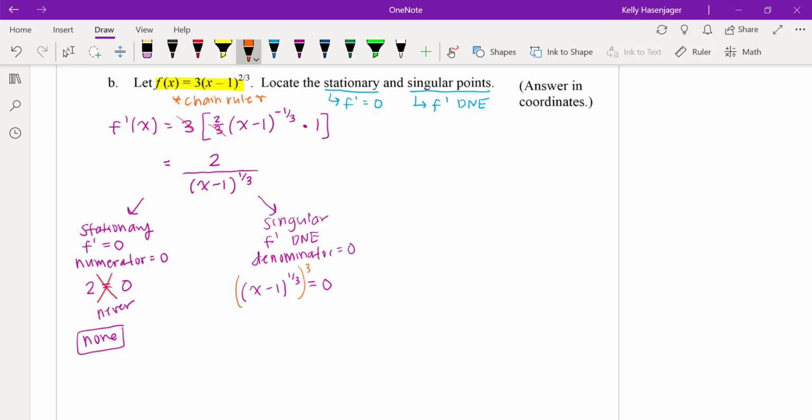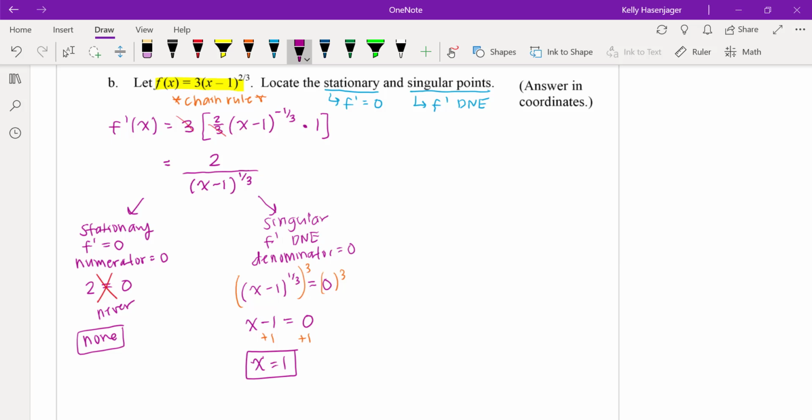We're going to raise both sides to the 3rd power, because if you have a power raised to another power, you multiply. And 1/3 times 3 is 1, so we get x minus 1 to the 1st power, and 0 to the 3rd power is still 0. Now we're going to add 1 to both sides, and we'll get x is equal to 1.